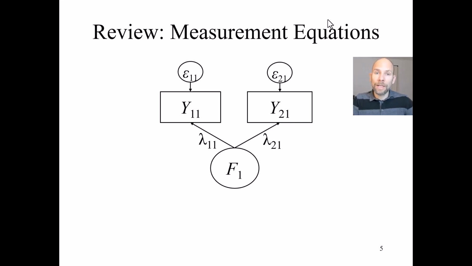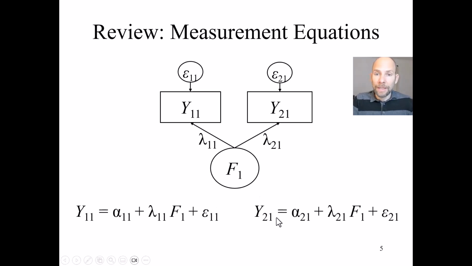And so this model can be described by a measurement equation for each variable. For the first variable, the measurement equation looks like this. We have an intercept, alpha 11, which is not depicted in the path diagram. We have a multiplicative parameter or factor loading, lambda 11, and we have our factor and the error variable epsilon 11, and we have a similar equation for the second variable, y21, as well.